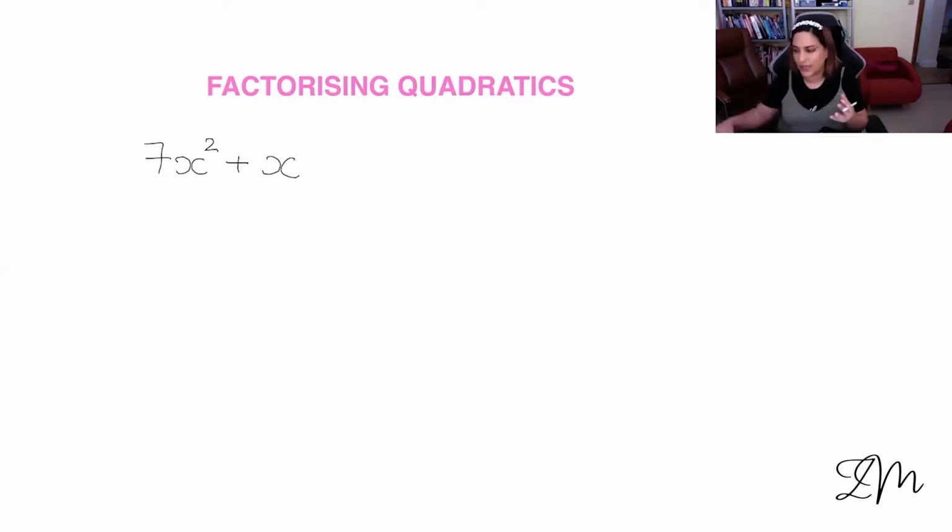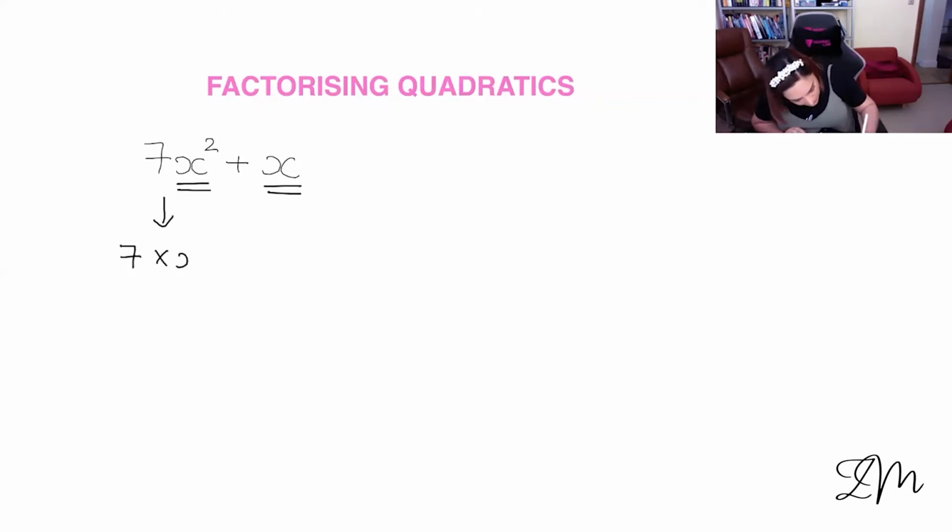Hopefully you can see that the thing that's the same is the x, because 7x squared means 7 times x times x. So the thing that's the same in both of them is an x. When we factorise this, we can take the x outside the bracket because it's the common factor.